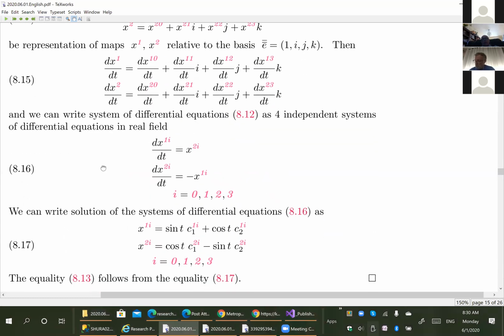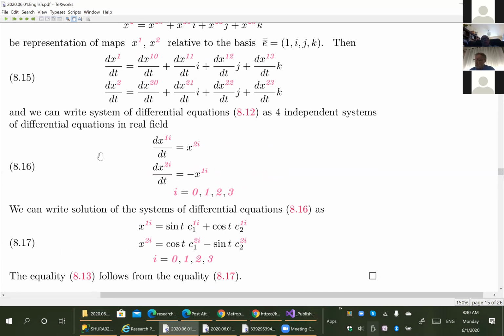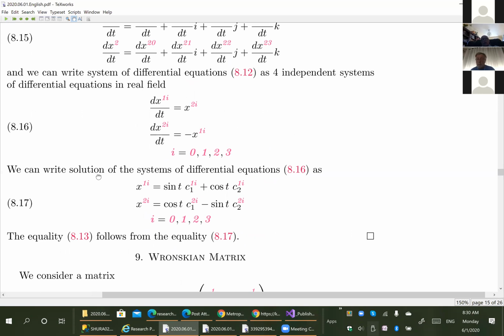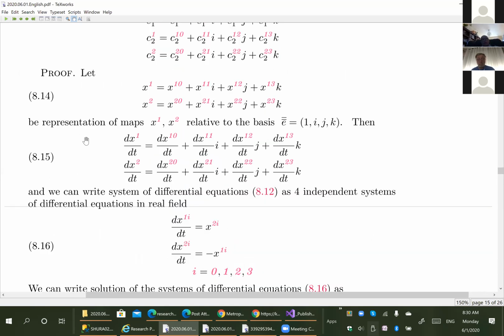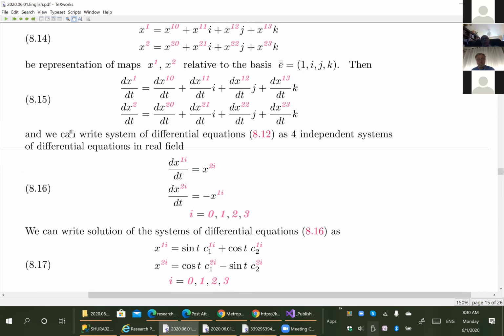Each system has a very standard solution: x1 equals sin t times c1 plus cos t times c2, and similarly for x2, with index 0, 1, 2, 3. Putting back my basis, I get ultimately this solution. This is what I got this Saturday, and it helped me find the proper answer to the question.